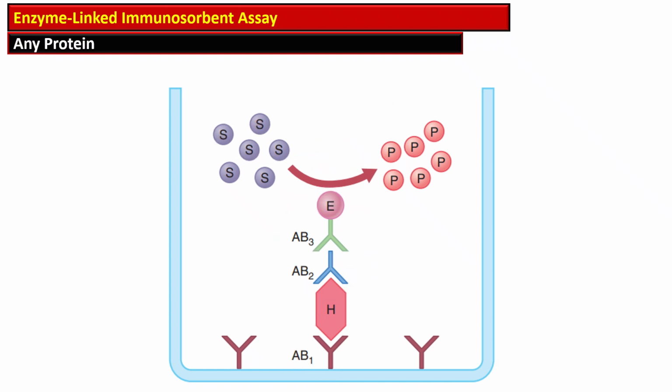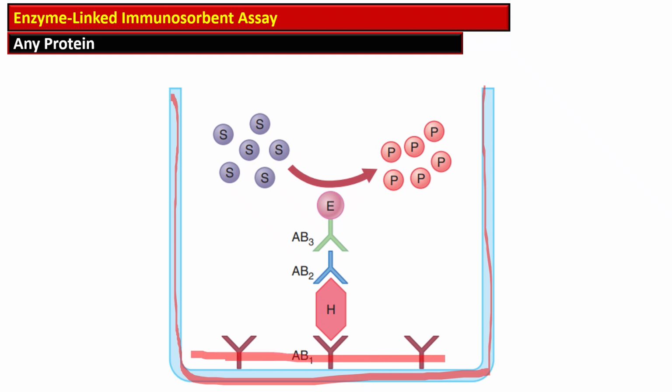So this is the diagrammatic presentation just to summarize or recapitulate this concept. This blue outline is the well that contains the specific substrate, and initially it contains the coated antibodies that are specific for that hormone.